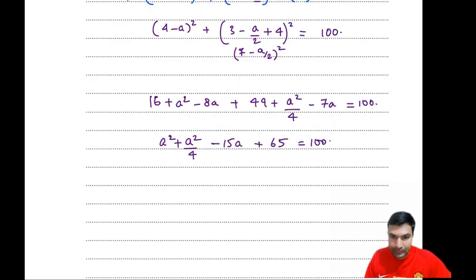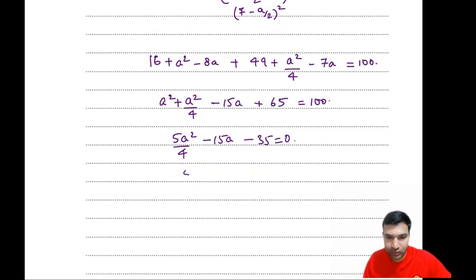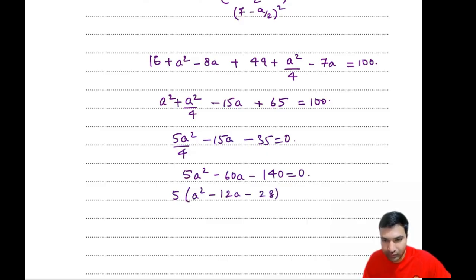Okay. So now this becomes 5a squared over 4 minus 15a plus 65, and 100 comes here, so we'll get minus 35 equal to 0. Multiplying throughout by 4, we get 5a squared minus 15 times 4 is 60a minus 35 times 4 is 140, equal to 0. Okay, now taking 5 common, we get a squared minus 12a minus 28 equal to 0.